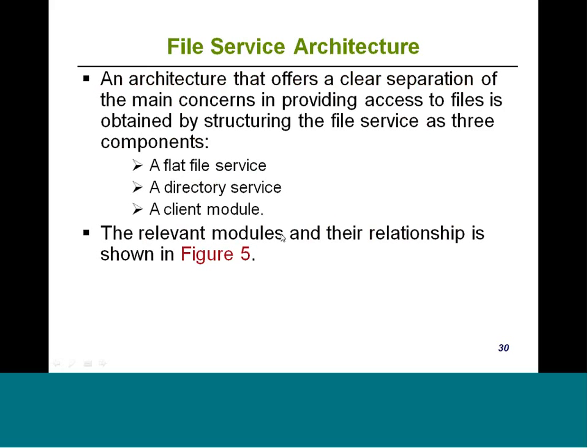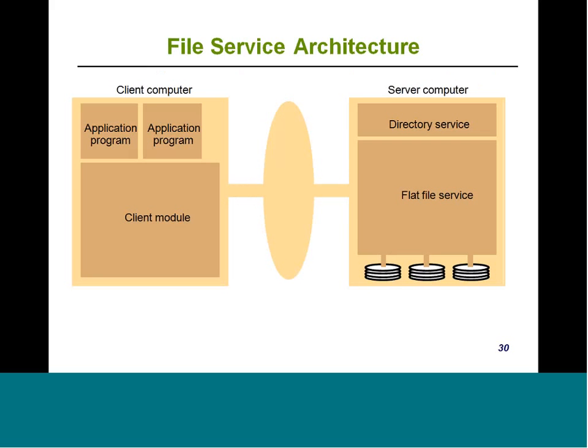Now let's look at the modules in the file service architecture. Imagine the server computer sitting somewhere far away, connected to the client using this link, which is some kind of network. There may be more clients accessing the same data.